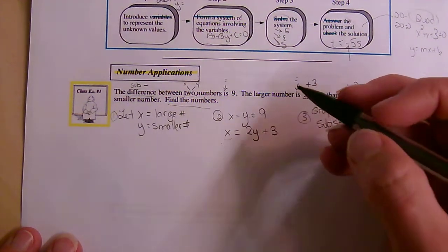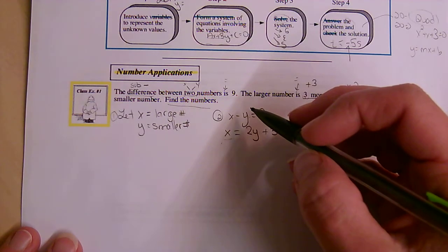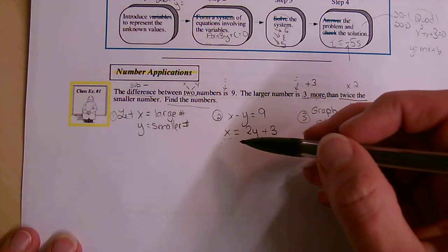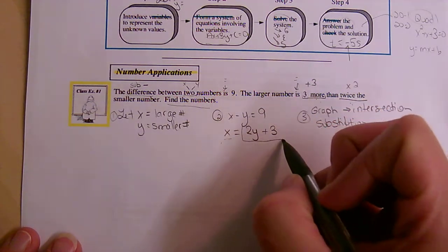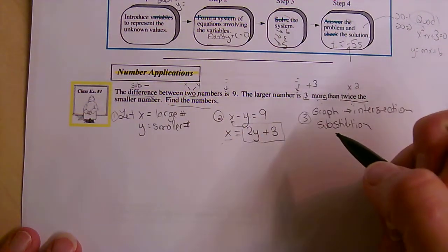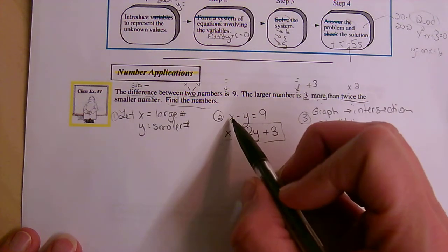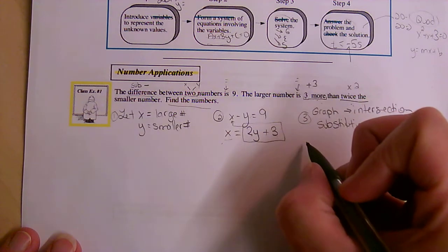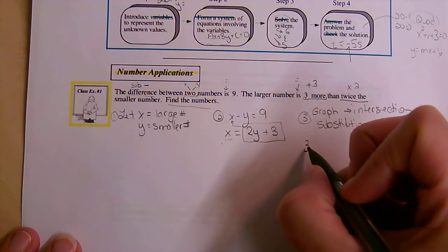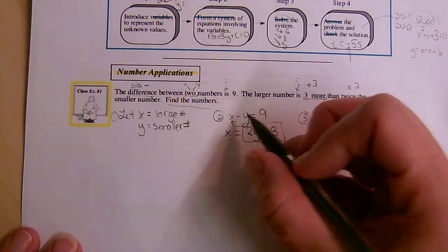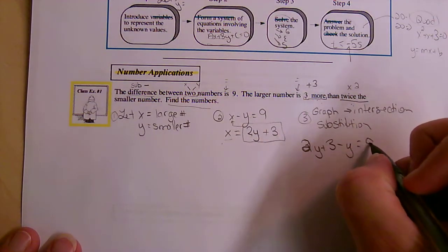So all I need to do here is plug in this 2y plus 3 into x. Okay, so instead of x minus y, well, if x is equal to 2y plus 3, then 2y plus 3 is my x, minus y is equal to 9.